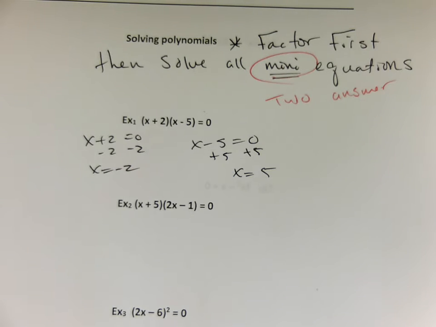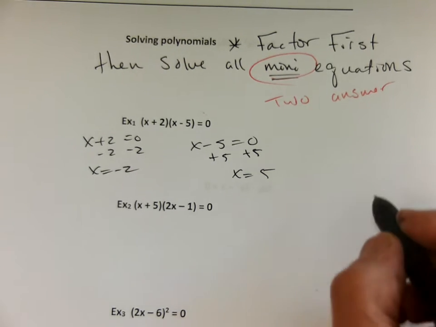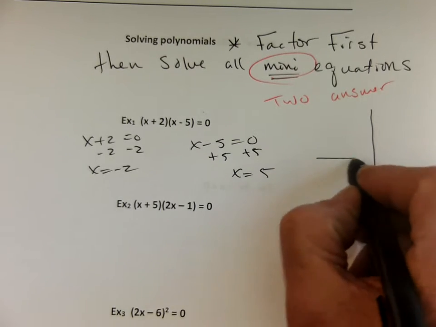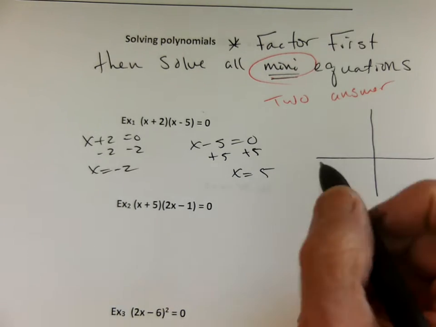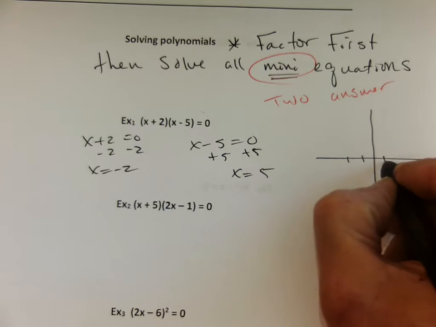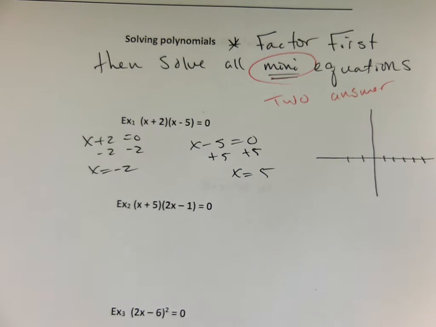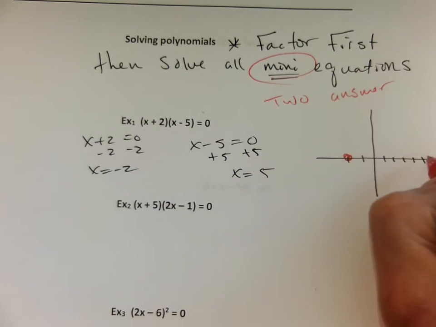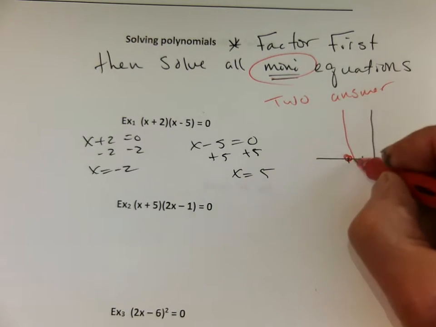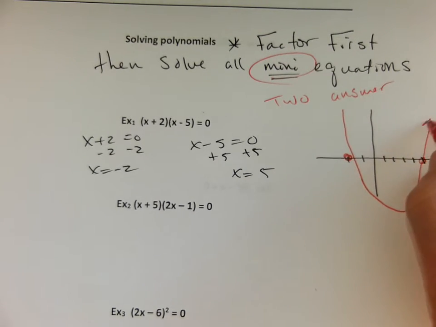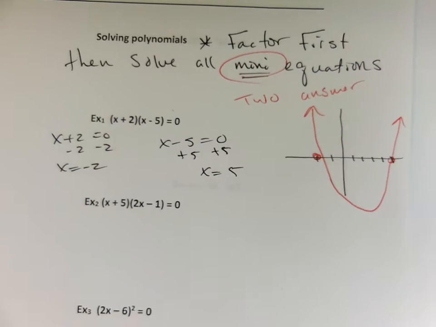Now what does this mean? Okay, I want to show you what this means. Why are we doing this? Eventually we're going to graph parabolas. What do you notice about the graph I put down?